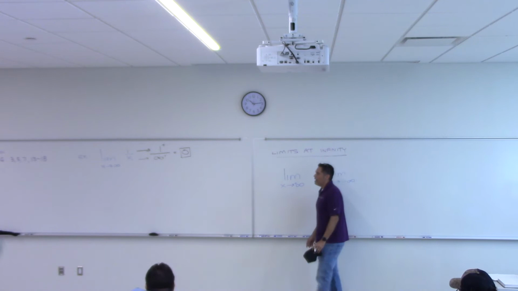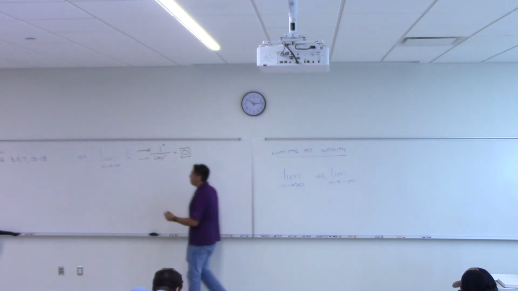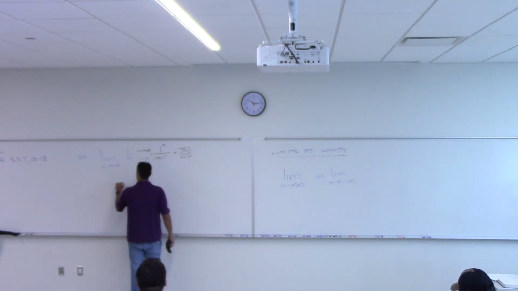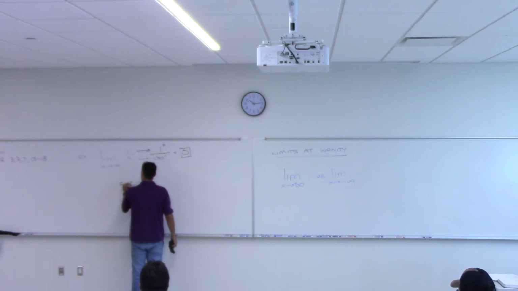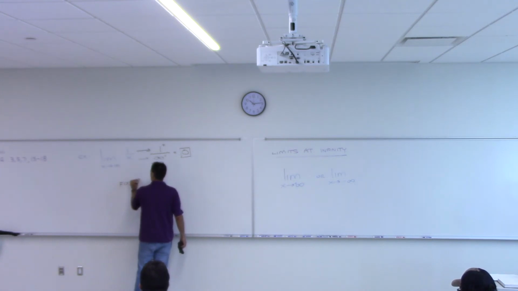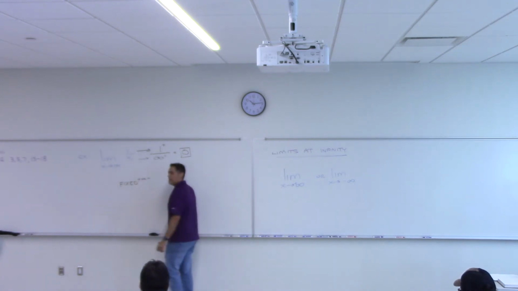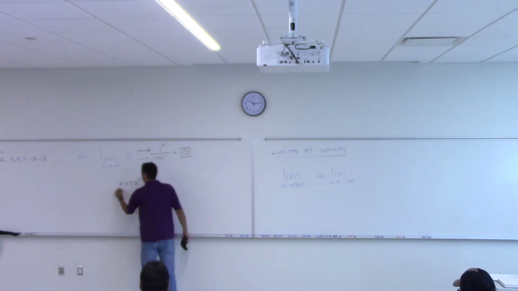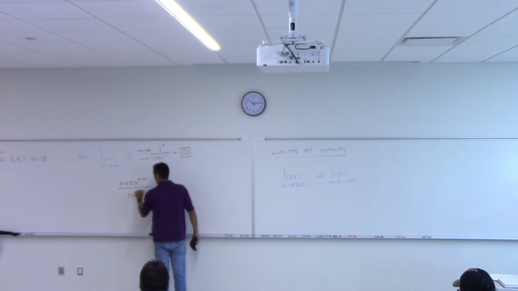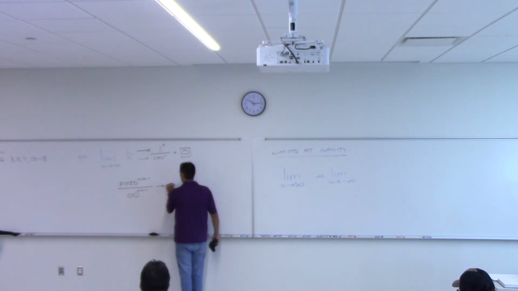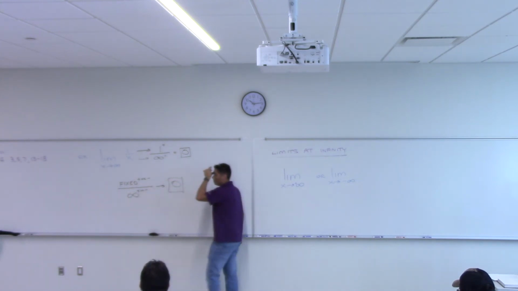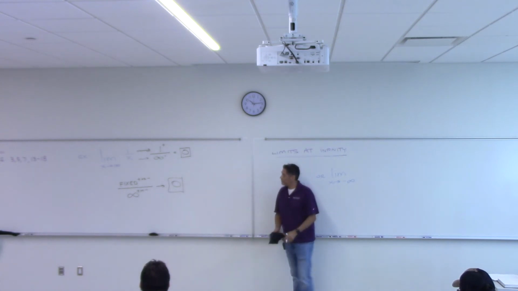If you ever have this scenario, fixed on top, doesn't matter, positive or negative, over something that is going to infinity, and that doesn't matter either, positive or negative, this will always go to 0.